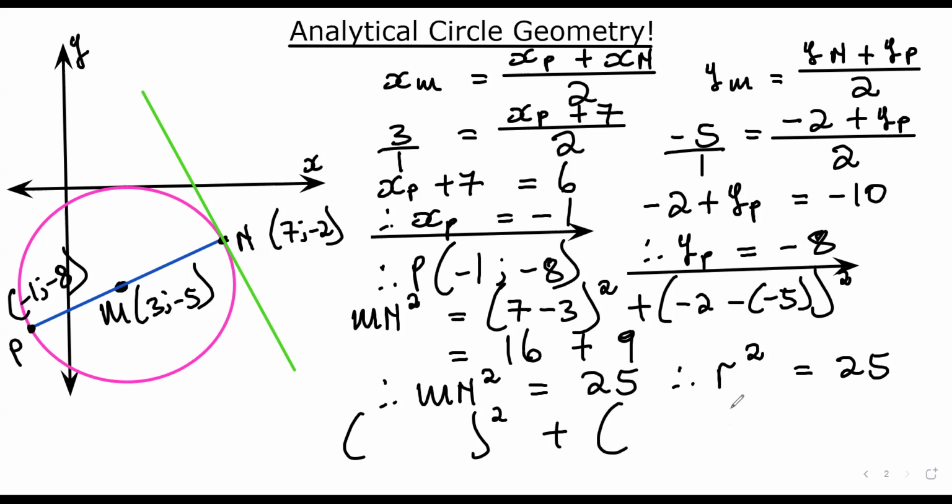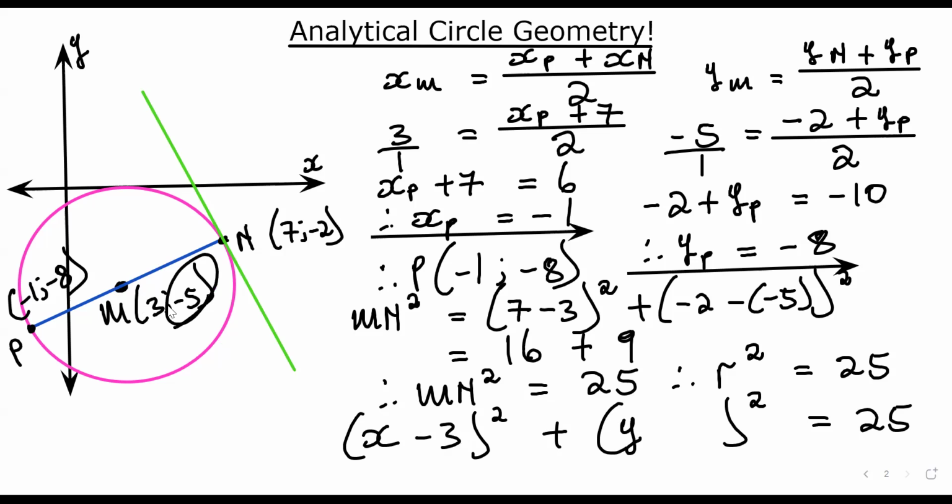So this is what we will say, all right? Because everything is equal to r squared. We have x here, we have y there. And here we can see that the x value of the center is positive 3. But when we write it into the equation, we say it's negative 3.